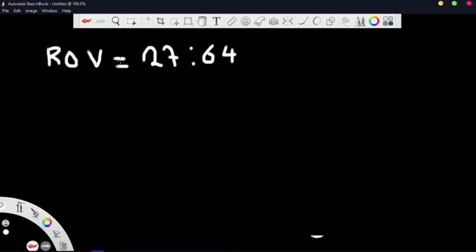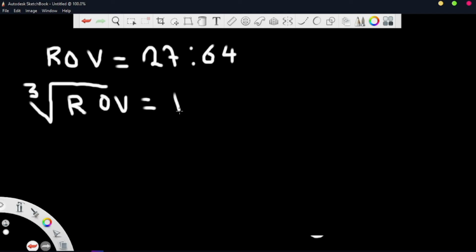If this is a ratio of volumes, how can we find the ratio of sides? You have to know that the cube root of the ratio of volumes is equal to the ratio of sides.